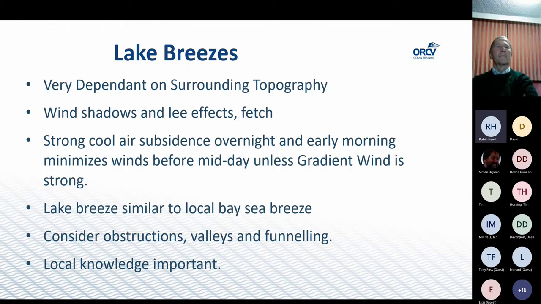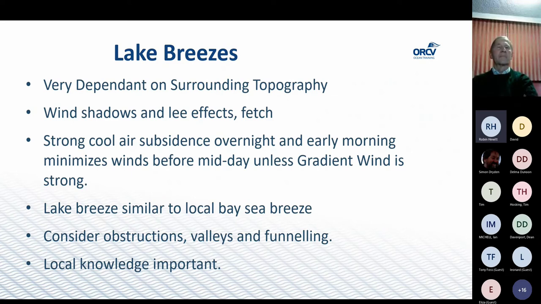For example, if you've got a mountain range or high hills on one side, in the early morning, you will get sun shining on one side and the land heating on that side that's getting the sun. And in the afternoon, the sun has shifted across and the effect reverses.